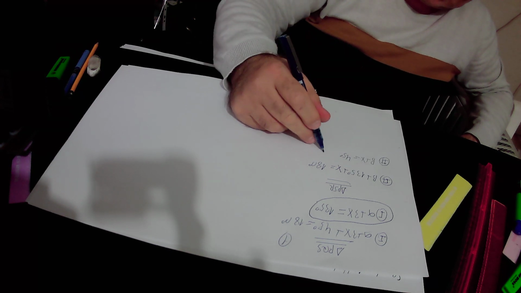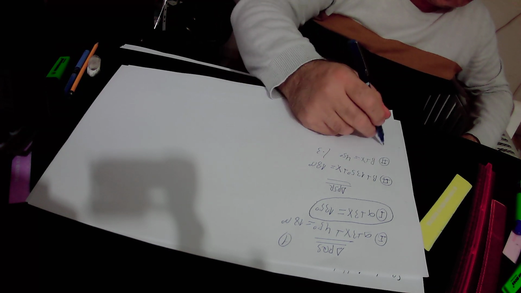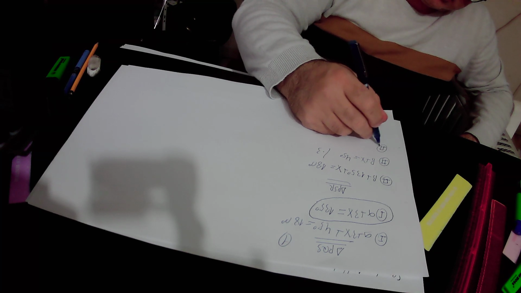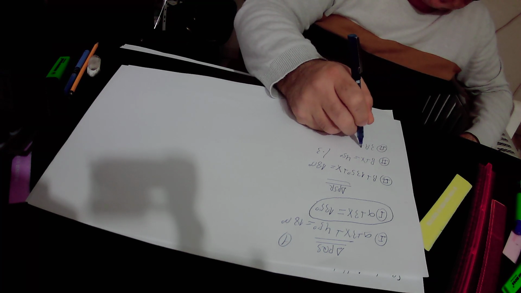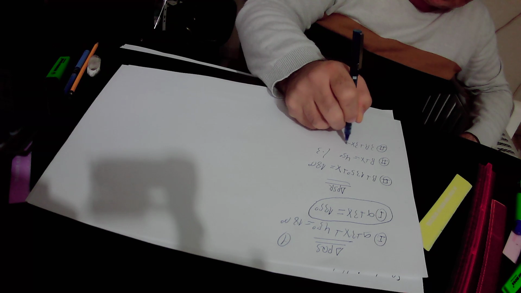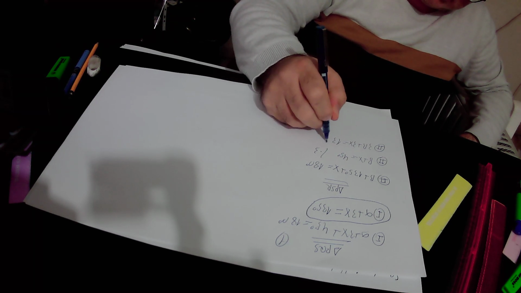Here we will multiply equation number 2 by 3, and we will get that 3 beta plus 3x equals 135 degrees.